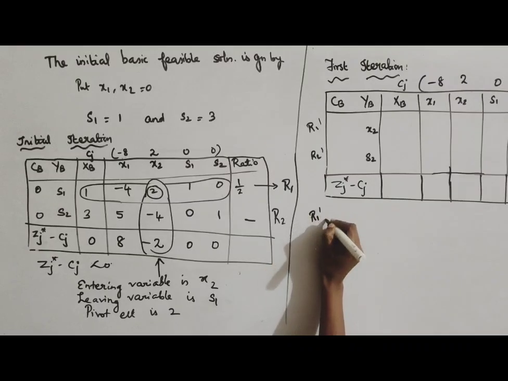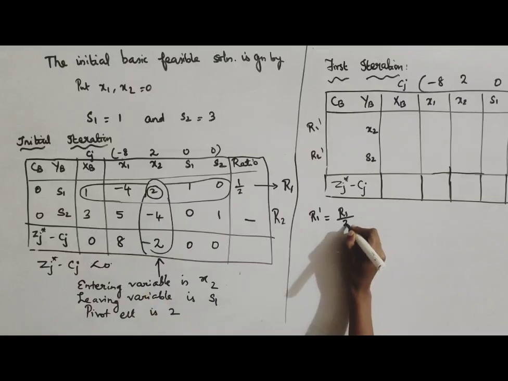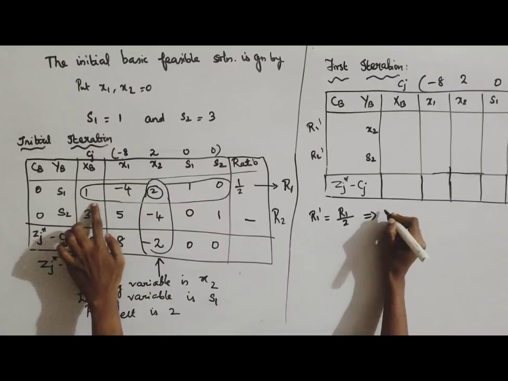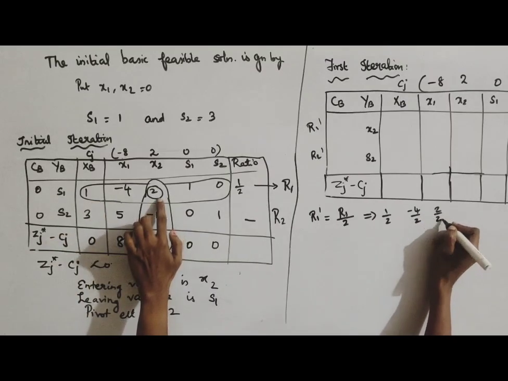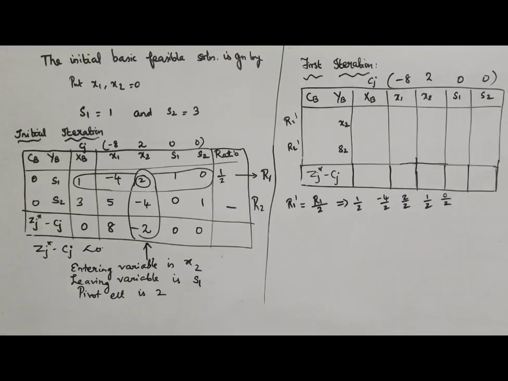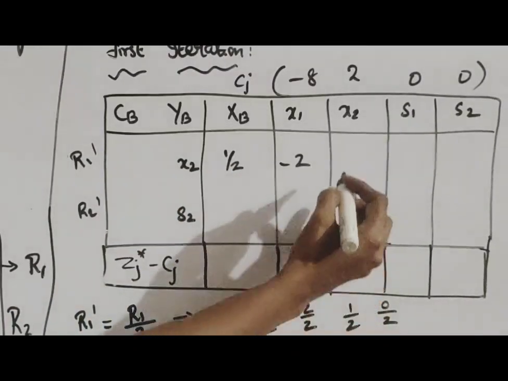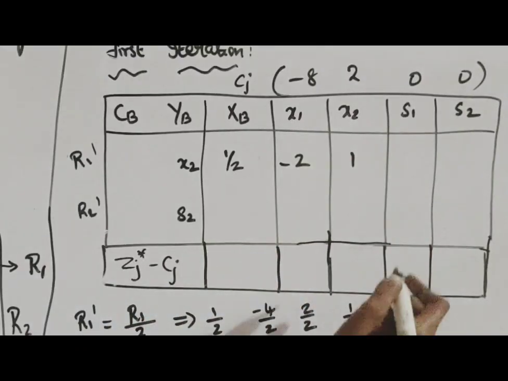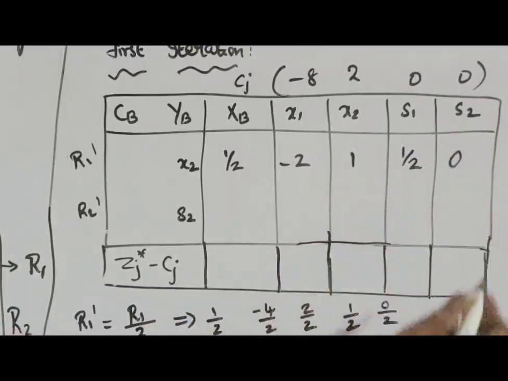Now, new R1 dash is equal to R1 by the pivot element. What is the pivot element? 2. Therefore, the value is 1 by 2, minus 4 by 2, 2 by 2, 1 by 2 and 0 by 2. What's the value? 1 by 2 is 1 by 2, minus 4 by 2 is minus 2, 2 by 2 is 1, 1 by 2 is 1 by 2, 0 by 2 is 0.